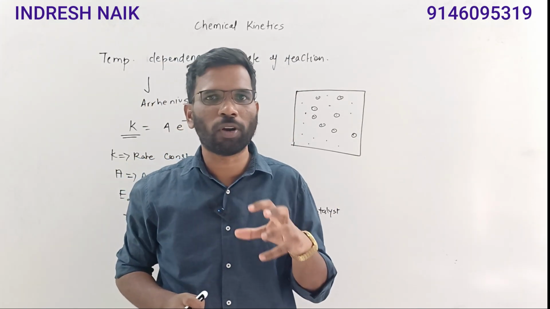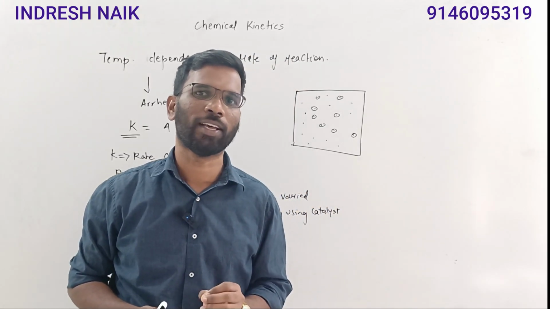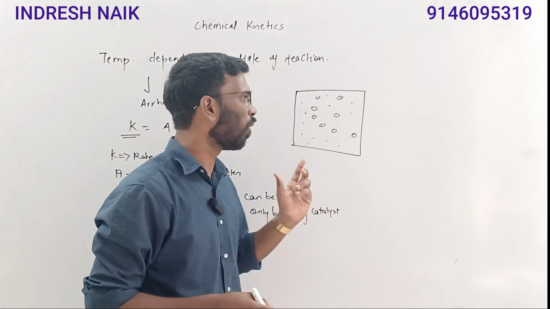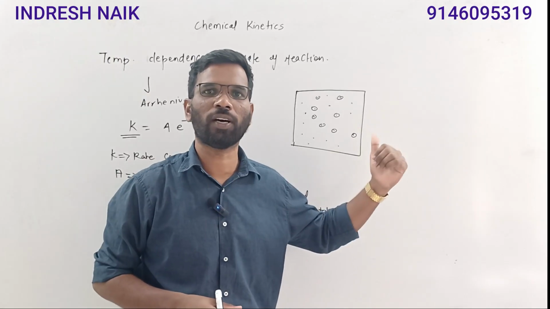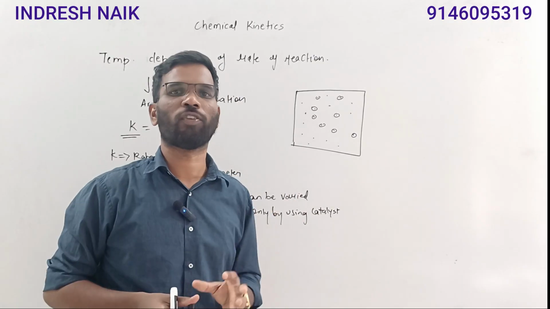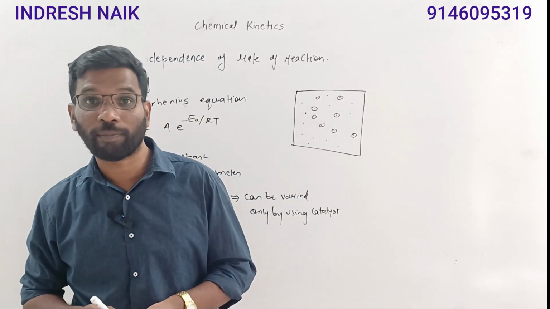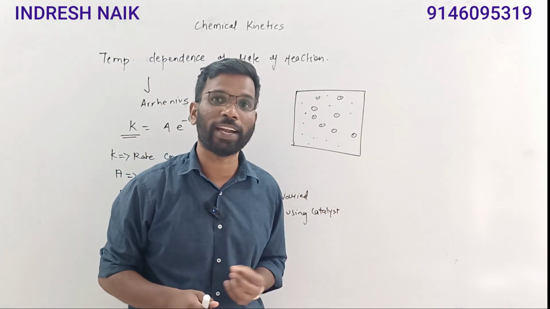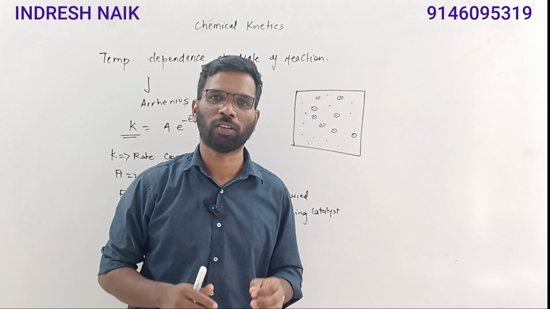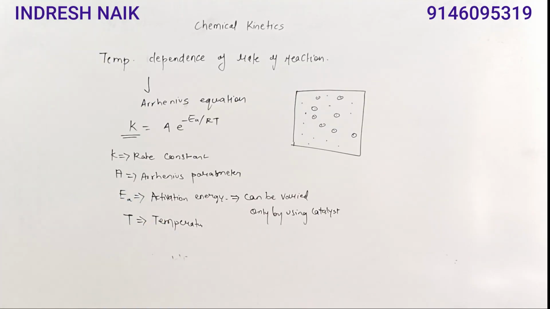So what is important for the reaction is a collision between the particles. When we increase the temperature, the degree of randomness, or the entropy, of the particles increases. So the number of collisions increases and the rate of reaction increases. For every 10 degree rise in temperature, the rate constant or rate of reaction always doubles. Let's take one problem for this.